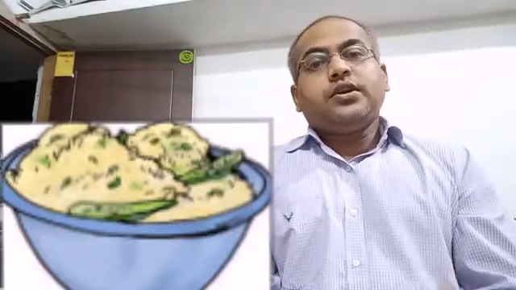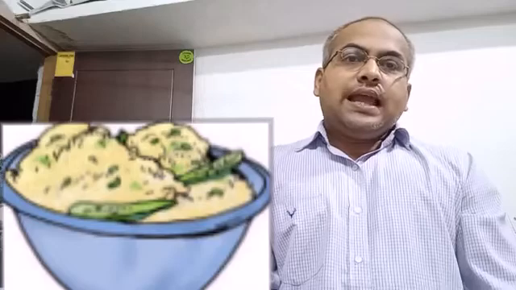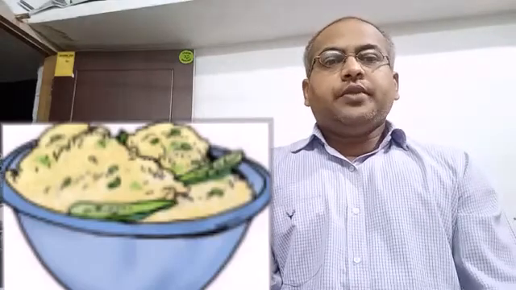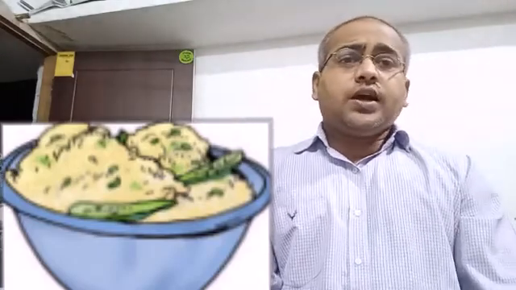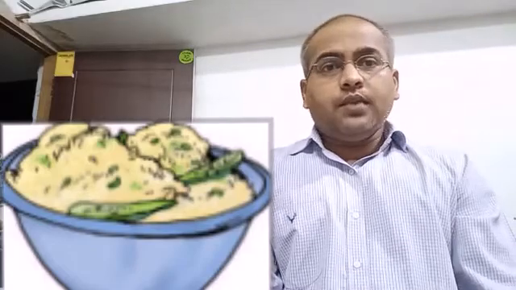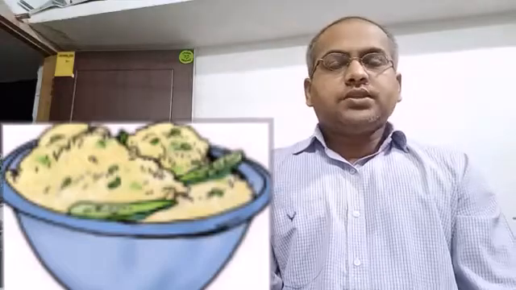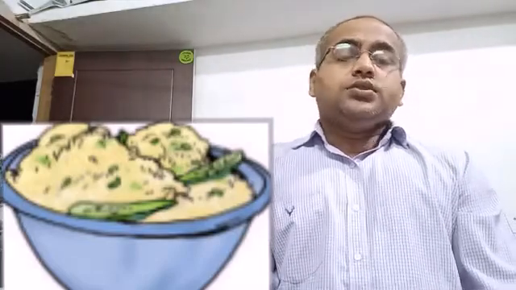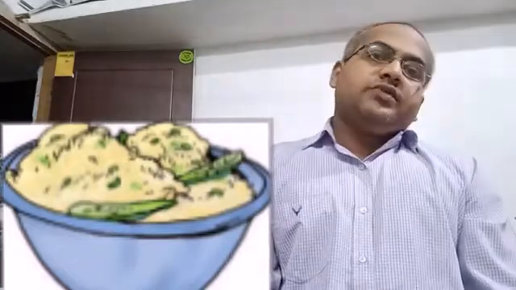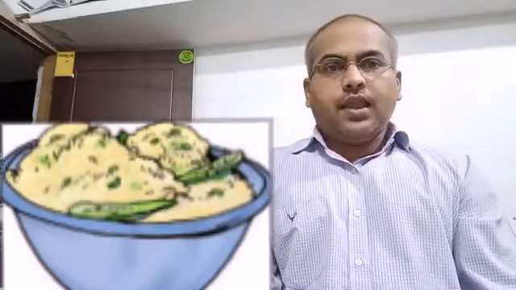So this is also a type of separation, and these two things are separated because when they are together, it is not helpful for us. So we separate these two things for our benefit. This is called separation of substances in our daily life.